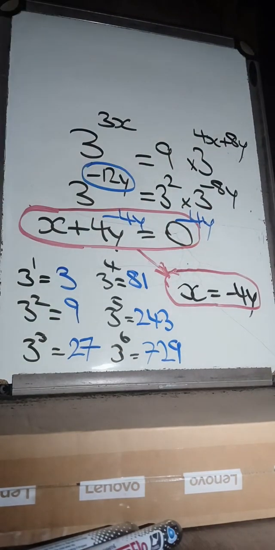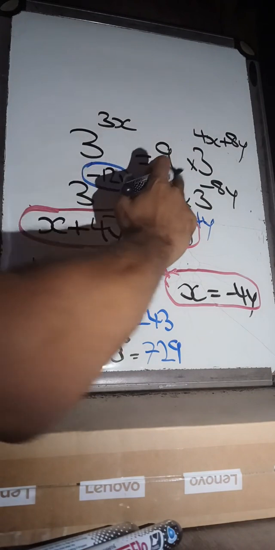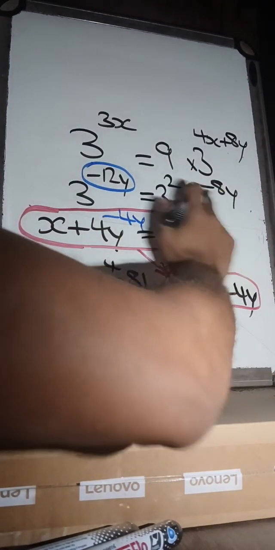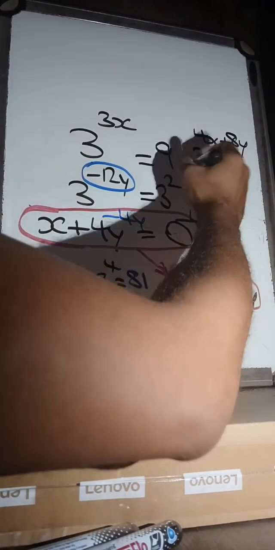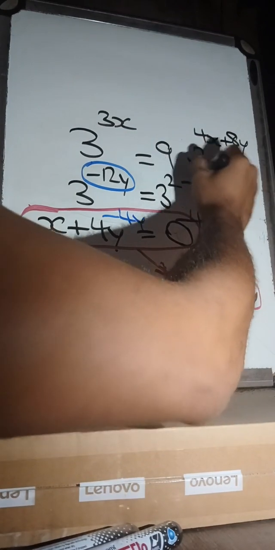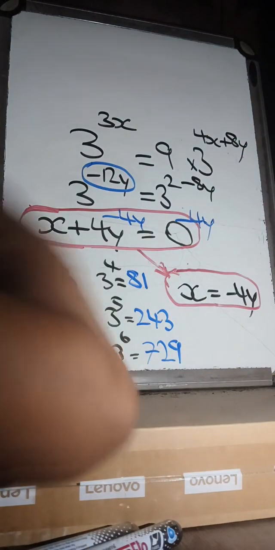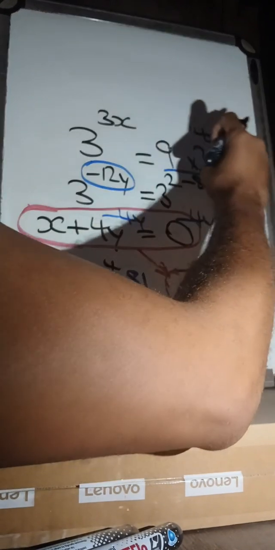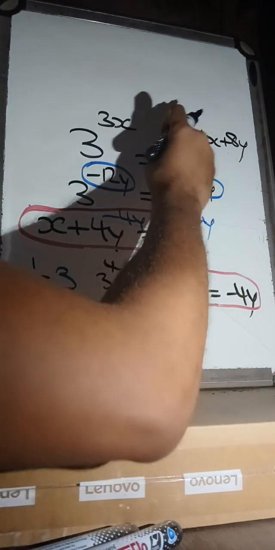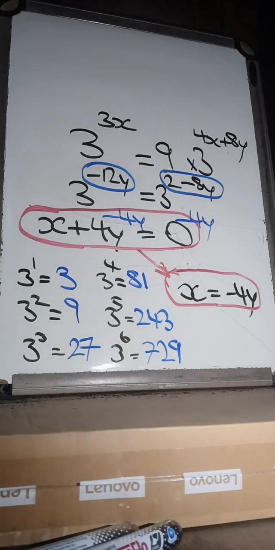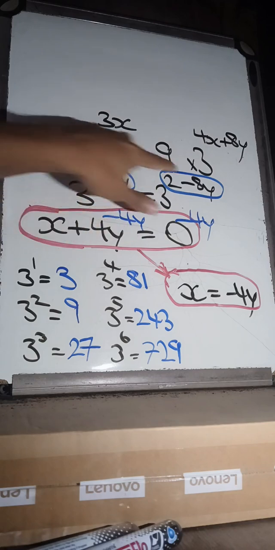So let's see what happened now. This is going to become 3 to the 2 minus 8y. Now finally, we have a 3 here and a 3 here.